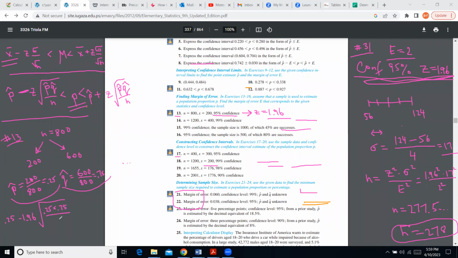Divide this by sample size 800, like that. So I get one end of this proportion, then I put a plus and produce the other end.